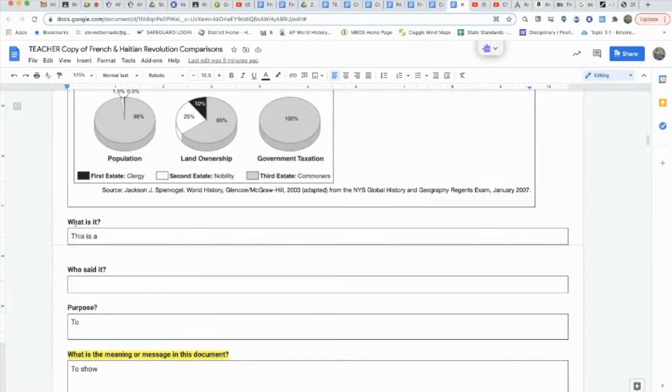So now let's move down here. What is it? This is a chart that shows the percentage of population of France who owned land and paid taxes.